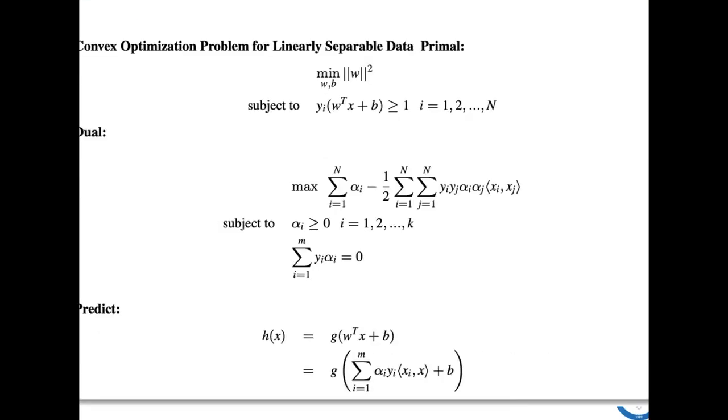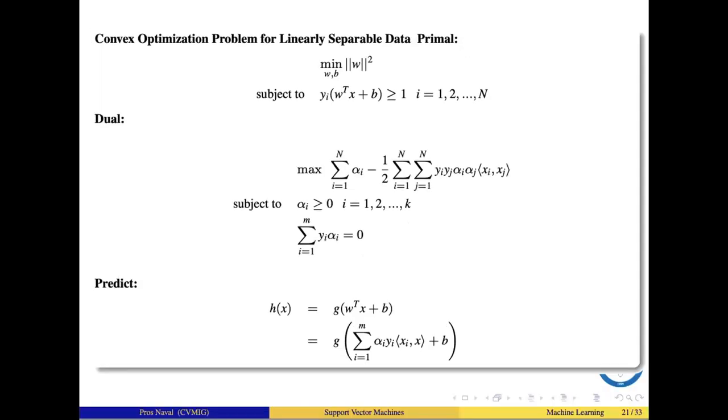So again, let's summarize what we have done so far. We have cast our SVM problem into a convex optimization problem for linearly separable data. This is the primal problem we've seen before, and the dual is the following. This is what we have in the previous slide.